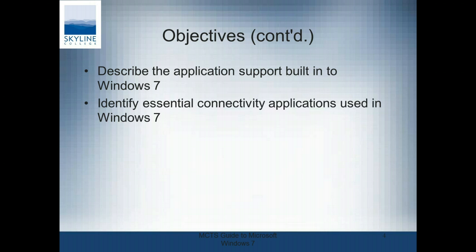Application support built into Windows 7. Identify essential connectivity applications using Windows 7. There are some kind of neat things that they have built in there. Has anybody used the problem step recorder? What it does, if you want to make a step-by-step document for somebody, do the problem step recorder and then go do whatever you do, and it'll record all your steps.